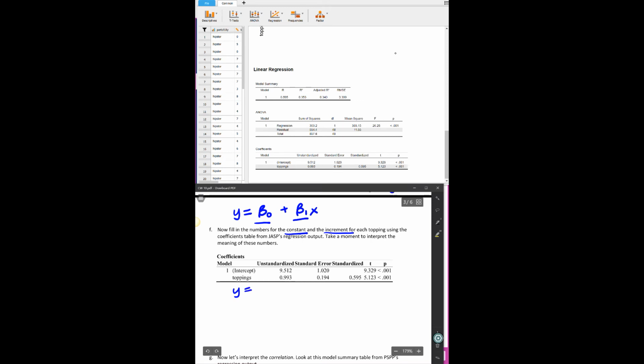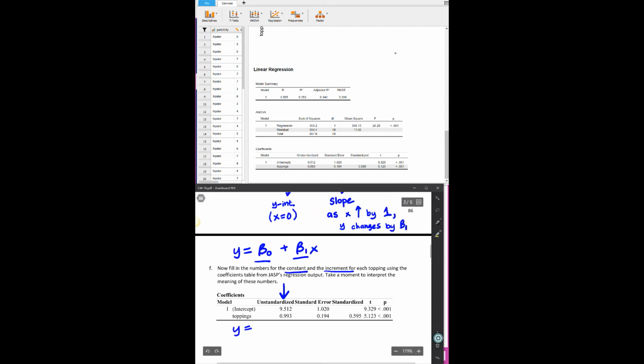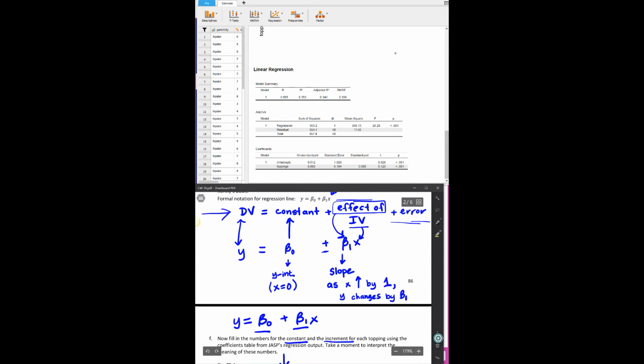So our equation will be y equals the constant. So here we need to figure out what number goes in for the constant. Here we want to look at the very first column in our output table, the unstandardized column. Now remember above I said that the constant is also the y-intercept?